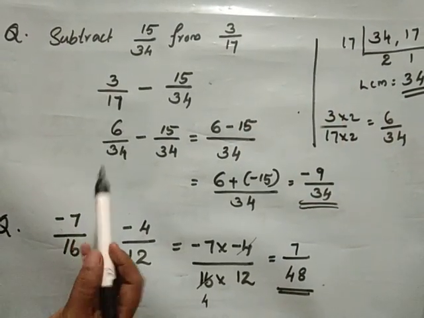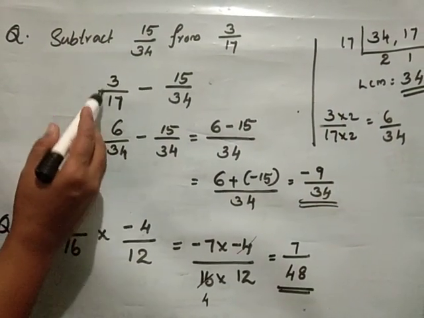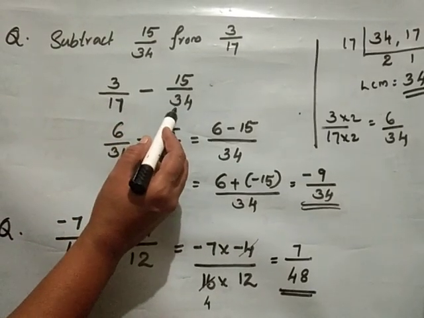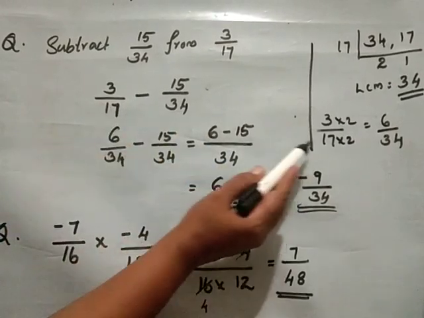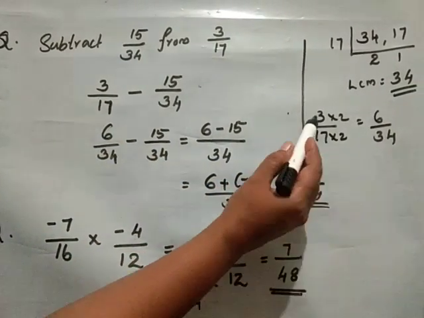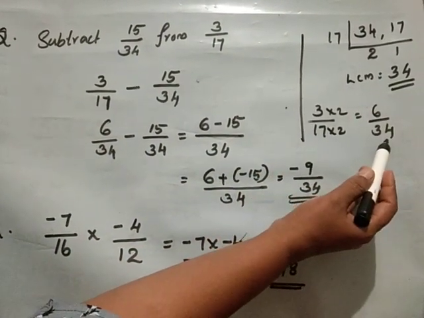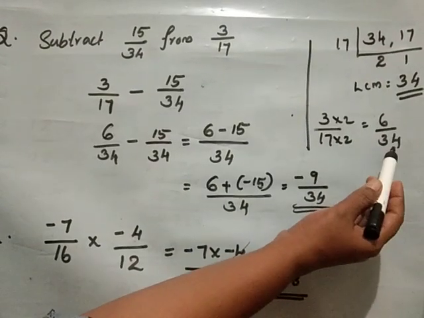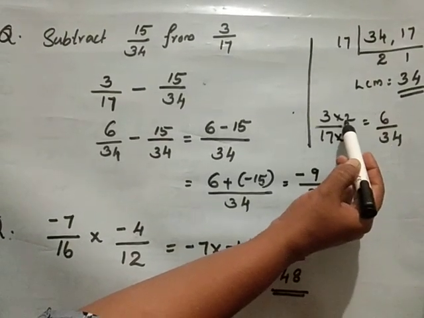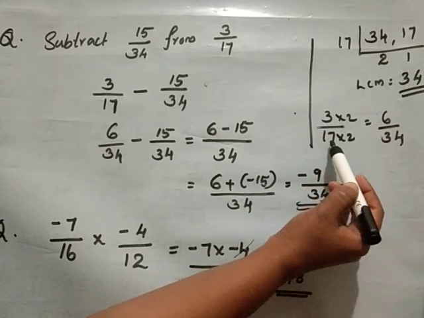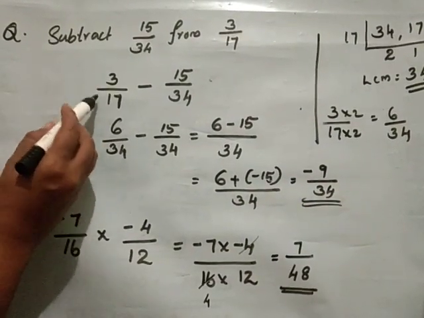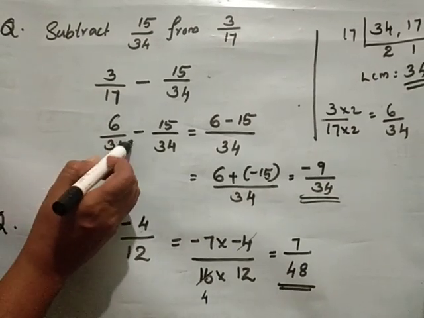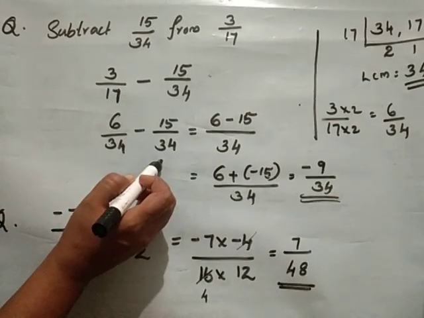Then 15 by 34 has no change because the denominator is 34. 3 by 17, we change with the denominator 34. 17 2s are 34. Multiply the same 2 with the numerator. We get 3 by 17 equal to 6 by 34. So instead of 3 by 17 we write 6 by 34 minus 15 by 34.